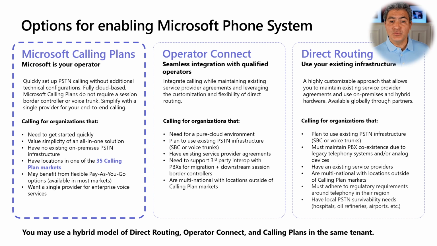So moving on to Operator Connect. What are some of the reasons why you'd pick that? Well, number one, if you want a pure cloud solution, meaning you don't want to have any equipment on premise, and by the way, the Microsoft calling plan is obviously a pure cloud solution as well. If you have some PSTN infrastructure like your trunks, for example, let's pick AT&T or Verizon in the US.